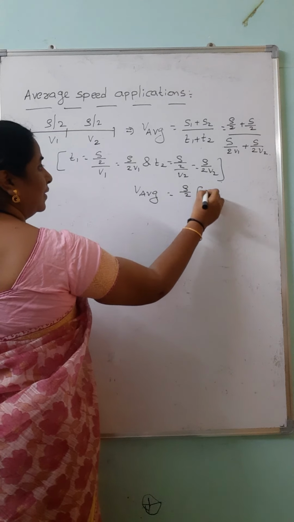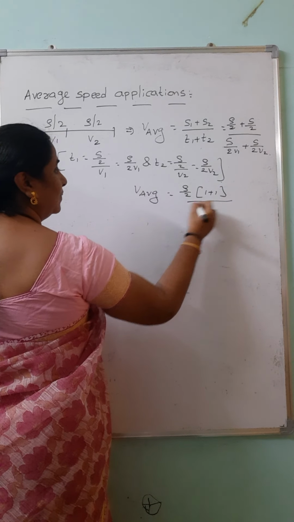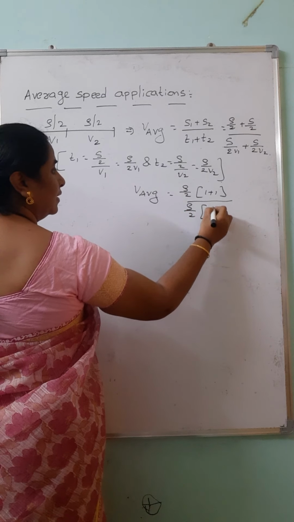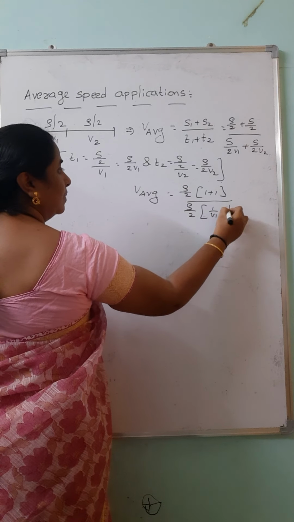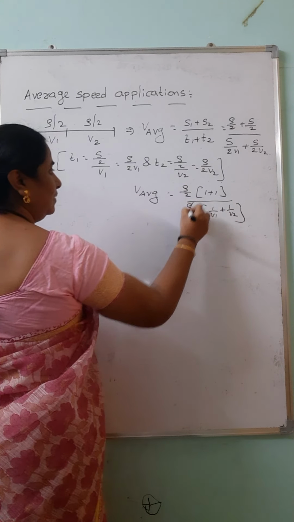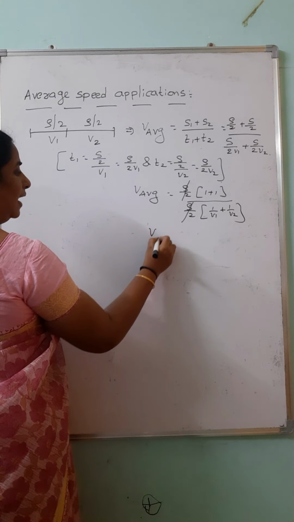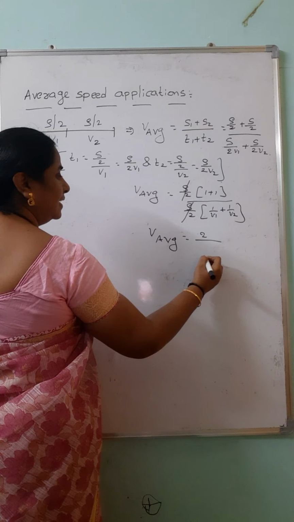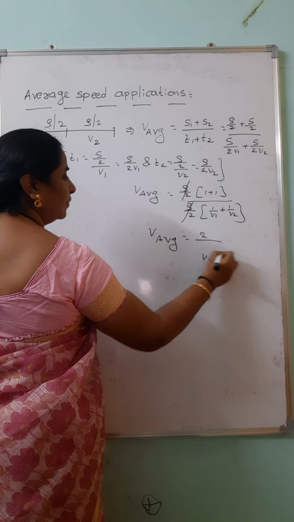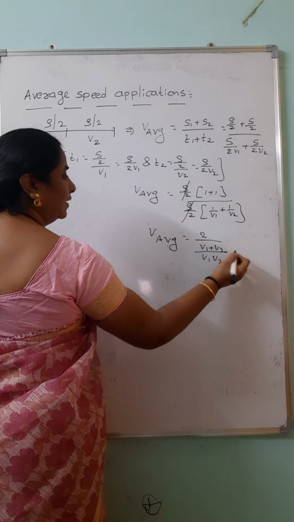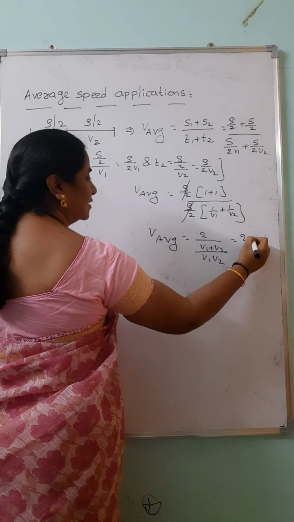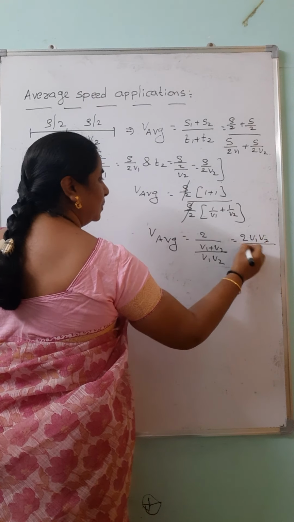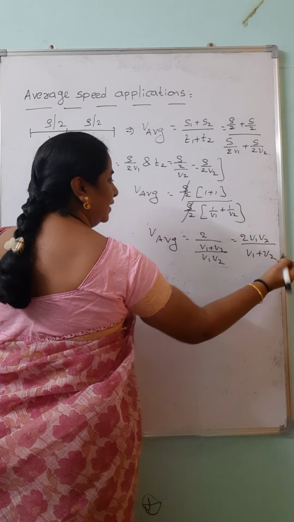S by 2 into (1 plus 1) divided by S by 2 into (1 by V1 plus 1 by V2). This cancels. Average speed equals 2 by, here the LCM is V1 V2, (V1 plus V2). Finally, we get the expression 2 V1 V2 by (V1 plus V2).